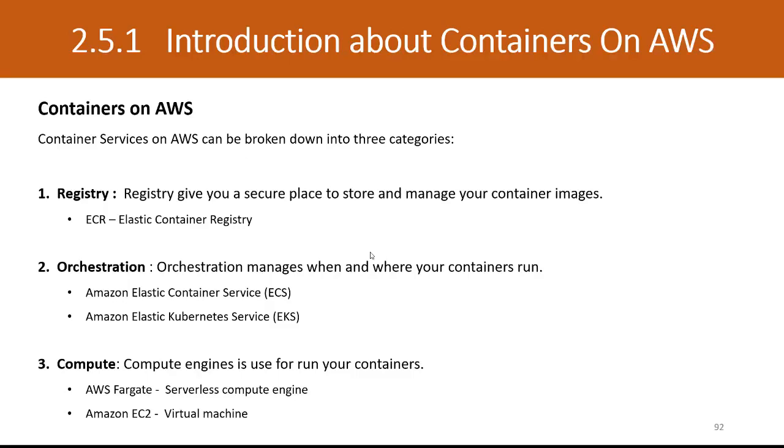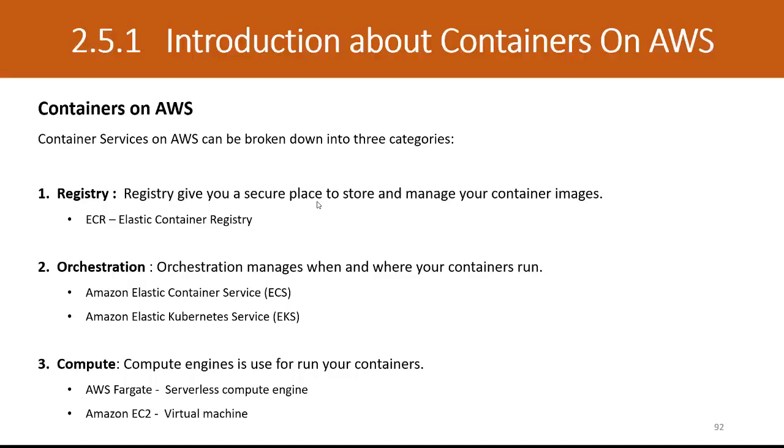You can see that container services in AWS can be broken down into three categories. This is an overview of the containers. First one is the registry. A registry gives you a secure place to store and manage your container images. Suppose you have your Docker image, where can you place it?